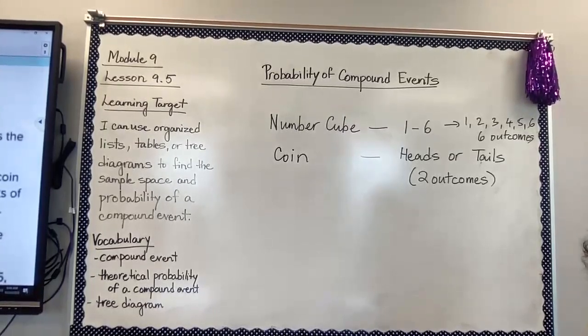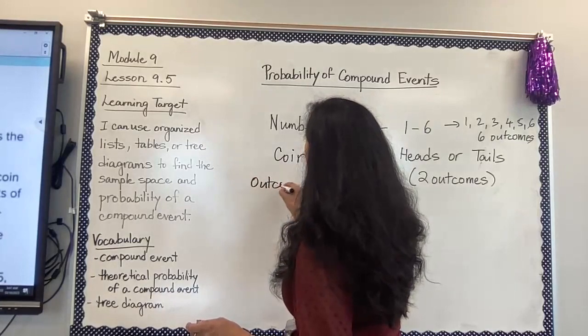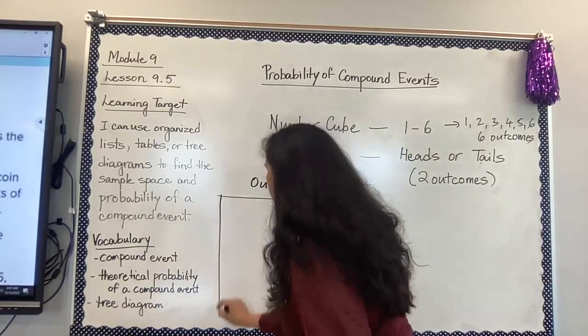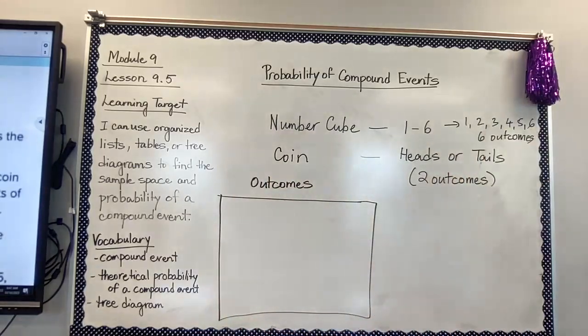So I'm going to go ahead first create a table. And so in order to find my outcomes, okay, so I'm just going to create a table. I'm going to show you the table method and the tree diagram method.